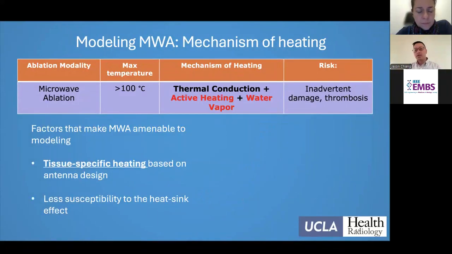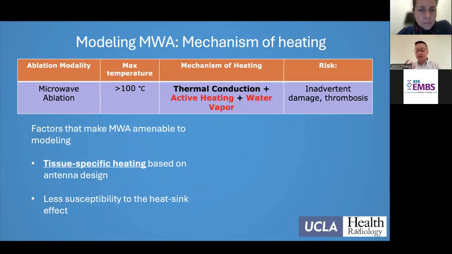So microwave ablation is what I studied during my PhD and during my residency. Instead of just passive conduction, microwave ablation heats through dielectric heating. And so you're able to heat volumetrically, and you can heat through various kinds of conditions.